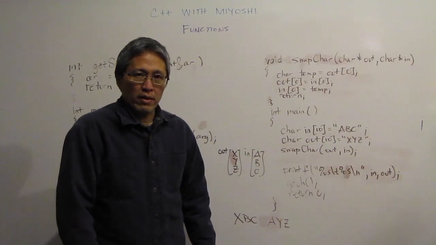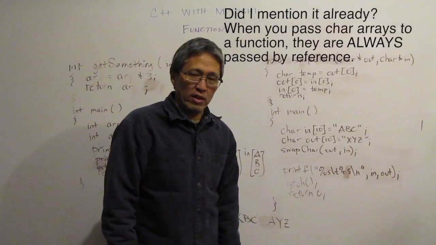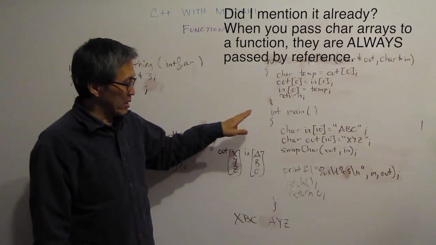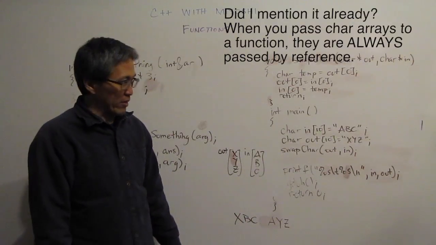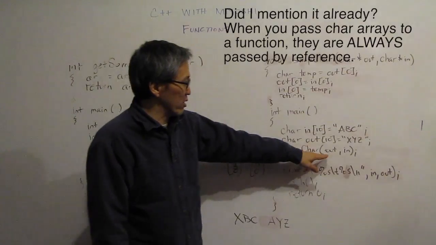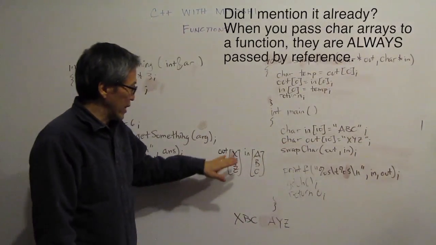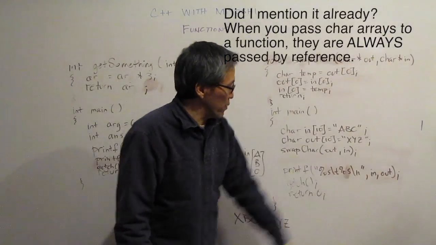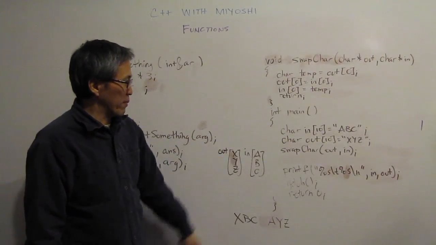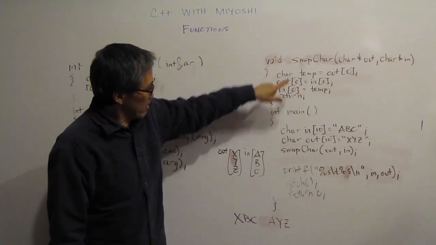And when you send a character array, it is always passed by reference. If I have a single character, it's different; I could pass it by value. But with a character array, I'm passing these by reference, which means no matter what they're called up there, they will still be the same memory location that they were in my main. So whatever happens here, happens here.